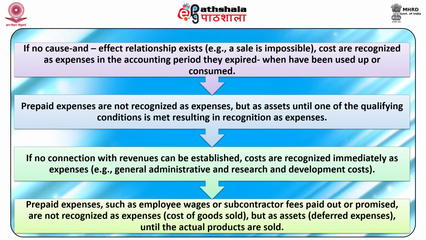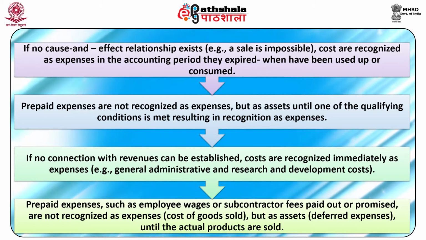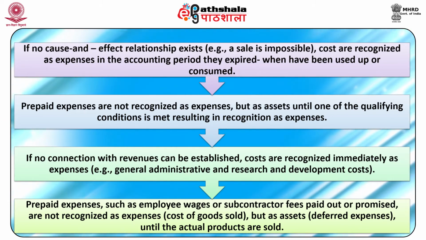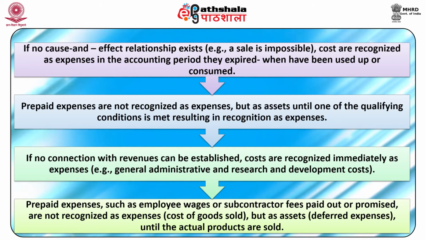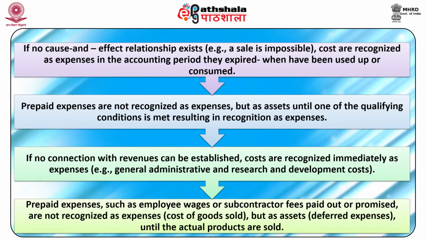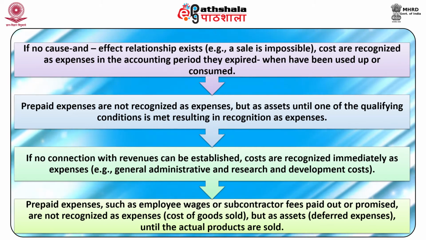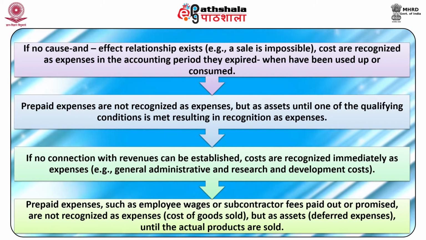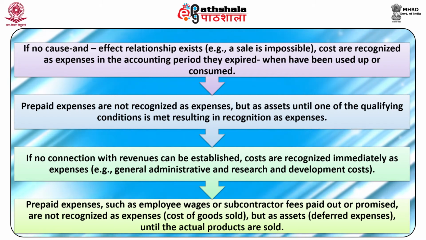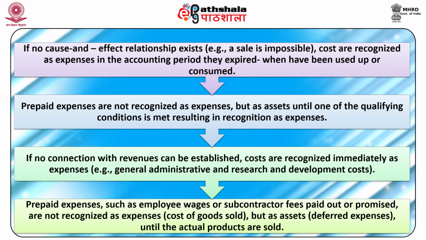Next, if no cause and effect relationship exists, for example, a sale is impossible, cost is recognized as expense in the accounting period in which it expires, when it has been used up or consumed. Prepaid expenses are not recognized as expenses but as assets until one of the qualifying conditions is met, resulting in recognition as expenses.